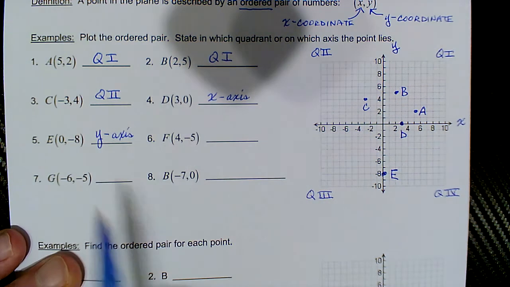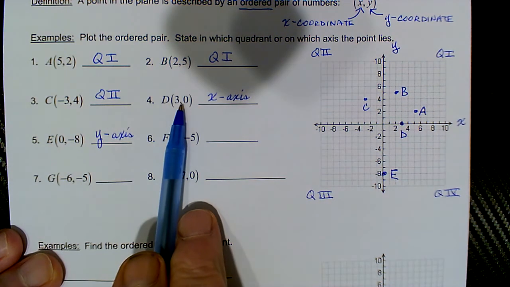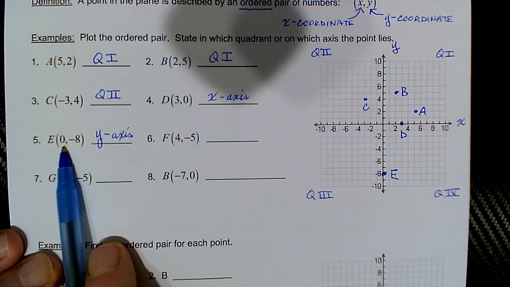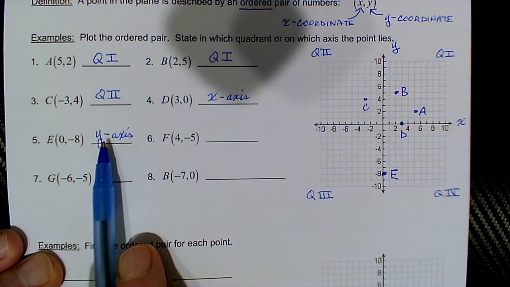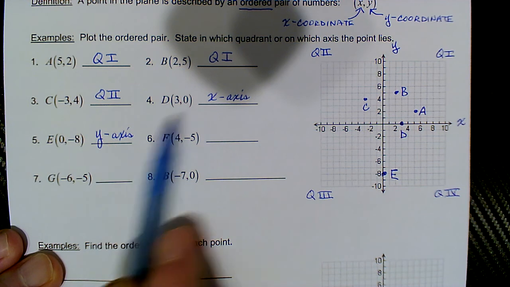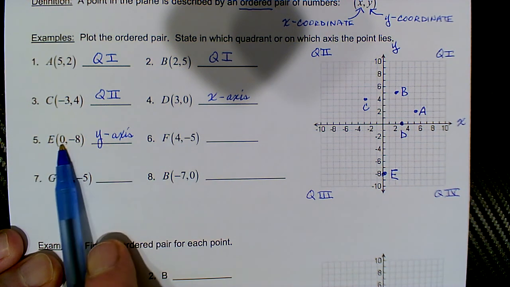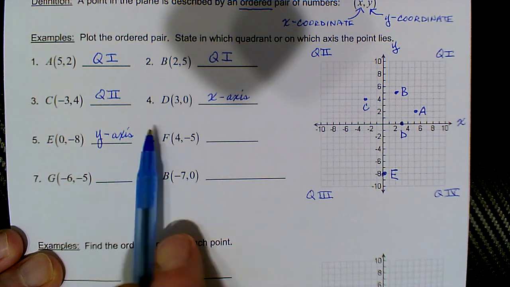And so, similarly to point D, although it's the opposite situation, the x-coordinate is now 0, and so the point lies on the y-axis. So it's almost like it's opposite. If y is 0, it's on the x-axis, and if x is 0, it's on the y-axis.